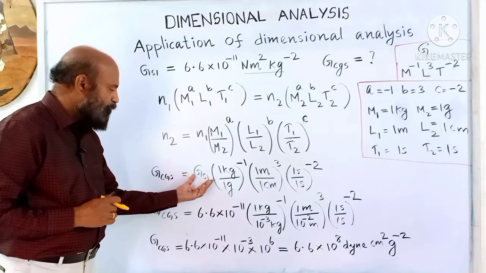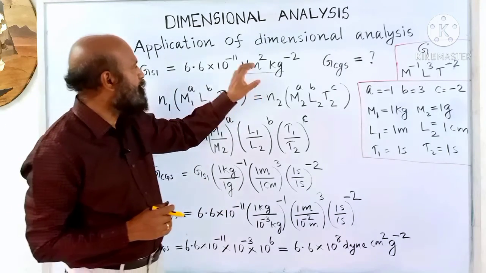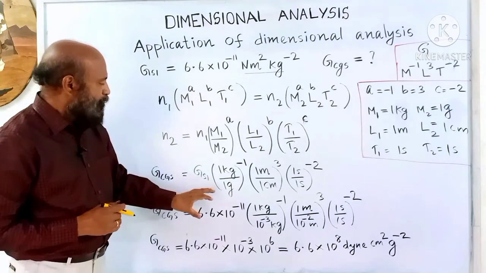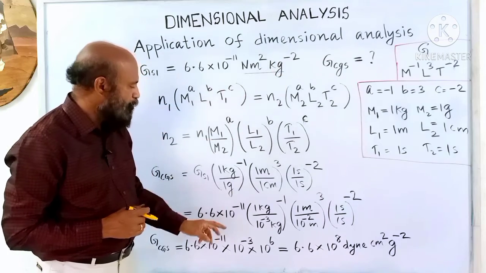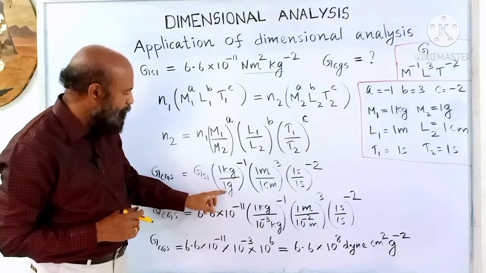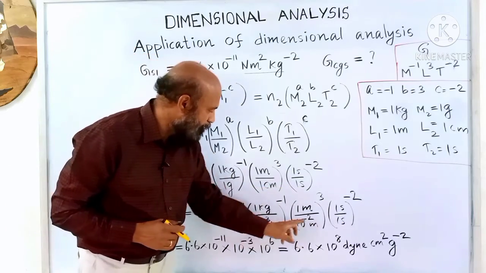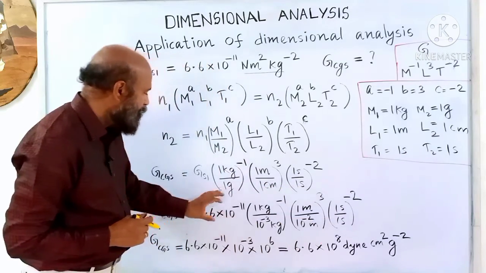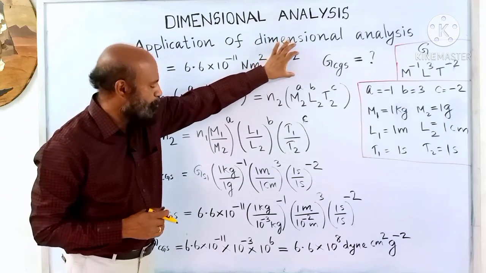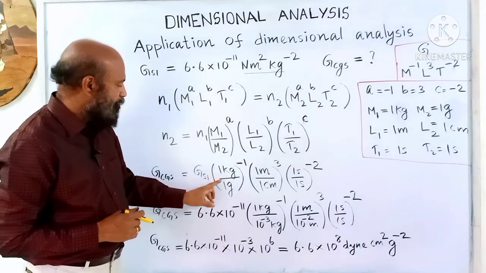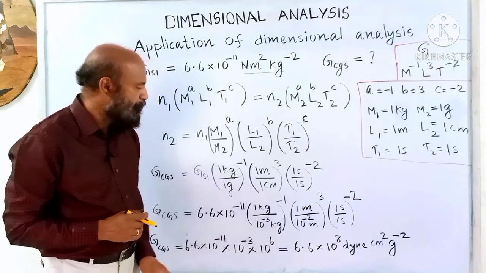Now the gravitational constant in the SI system is 6.6 into 10 raised to minus 11 Newton meter square kilogram raised to minus 2. So you convert all this gram, centimeter, second into kilogram, meter, second, because this is given in Newton meter square kilogram raised to minus 2. So here gram can be written as 10 raised to minus 3 kilogram.